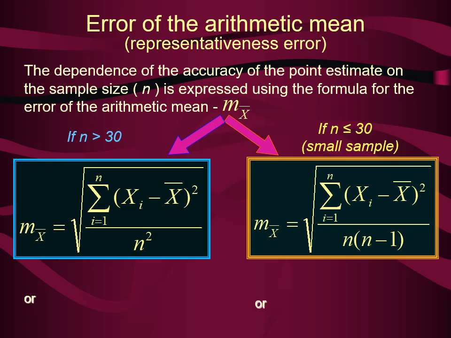So, the error of the arithmetic mean, please note, depends on the value of the arithmetic mean, or rather on the scatter of values.